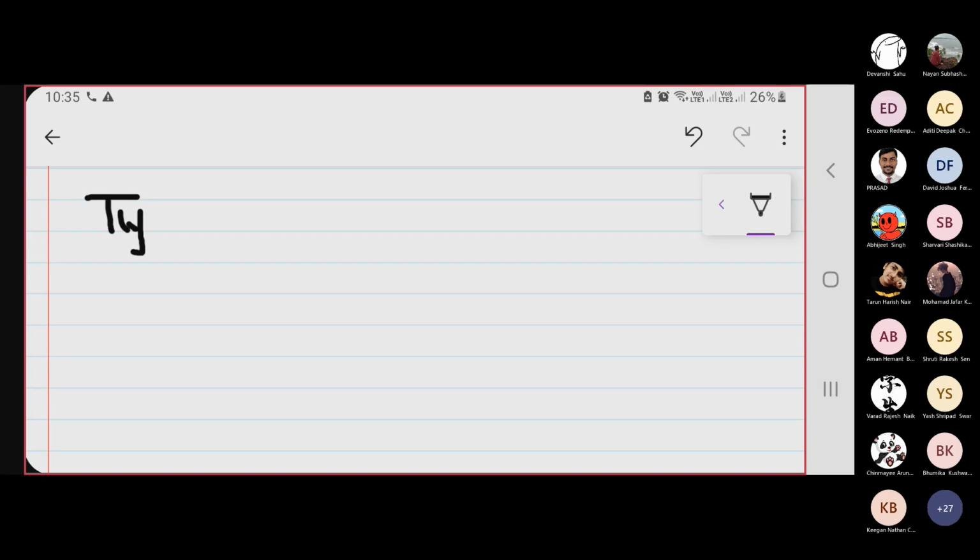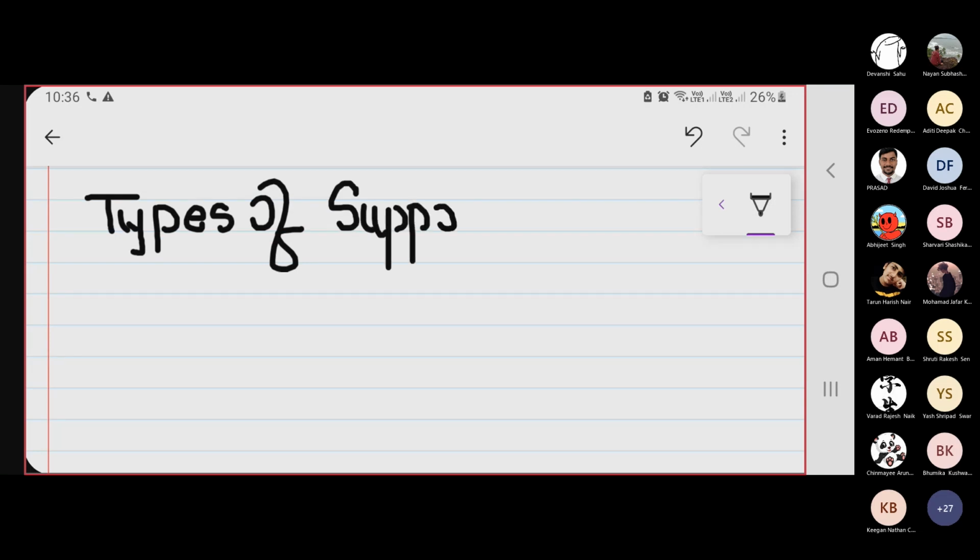Okay, so first, types of support. So first is a smooth support.